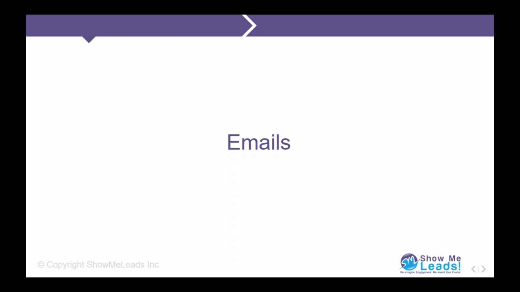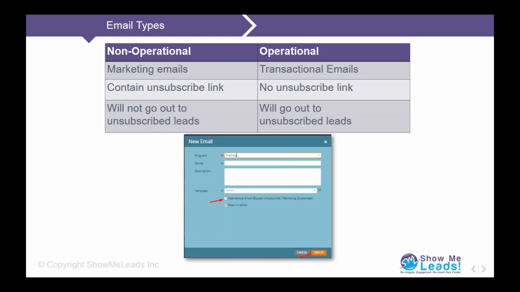So let's go to emails, and specifically I'd like to start with operational emails. Let's look at the difference between an operational and a non-operational email. First off, a non-operational email is what you're doing most of the time. This basically means that it contains an unsubscribe link and it does not go to unsubscribed leads.